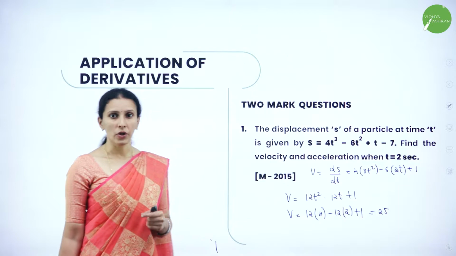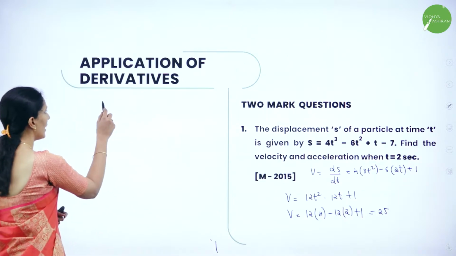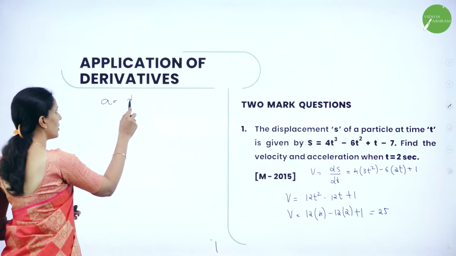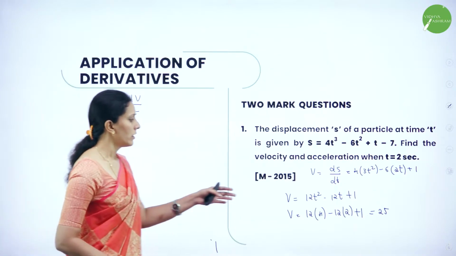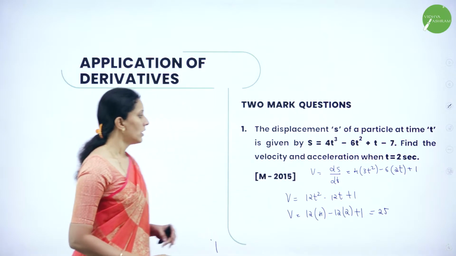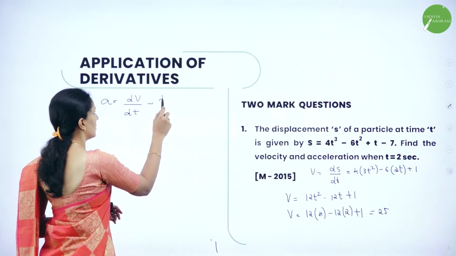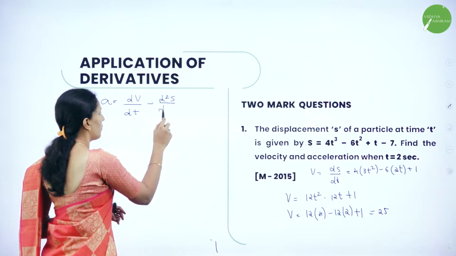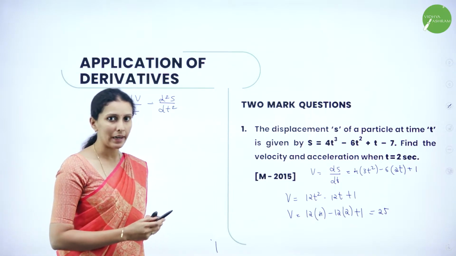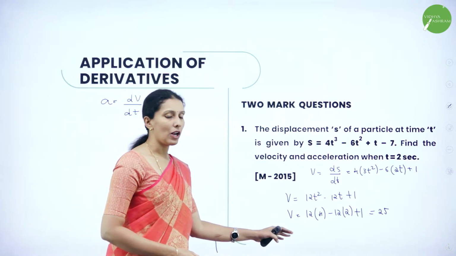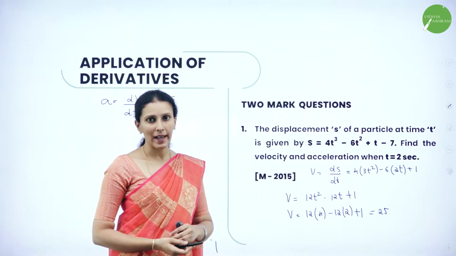Next, we need to find out the acceleration. Acceleration is nothing but rate of change of velocity with respect to time. Or we have to derive the displacement twice. So if you find the second order derivative of the displacement, then it is nothing but acceleration. Or first find the velocity, then again differentiate to get the acceleration.